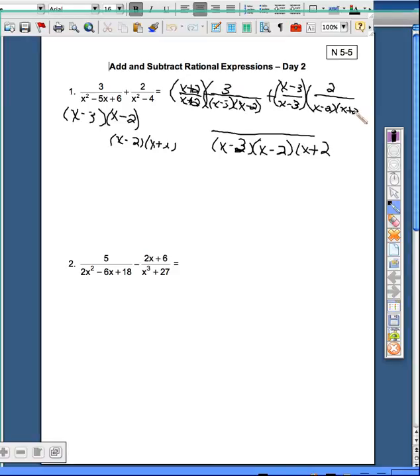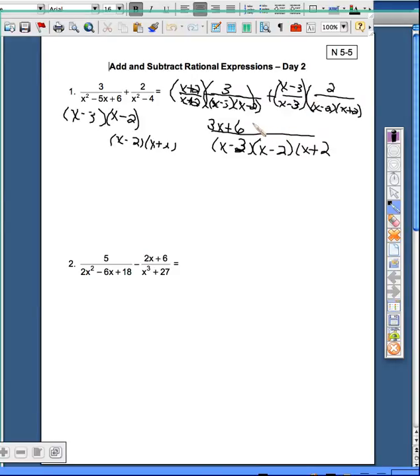And I keep it in factored form because it's easier to see that now we do in fact have this common denominator. Okay, so when we distribute this 3 to the x plus 2, we have 3x plus 6. Since this is a plus, we don't have to worry about changing any signs.